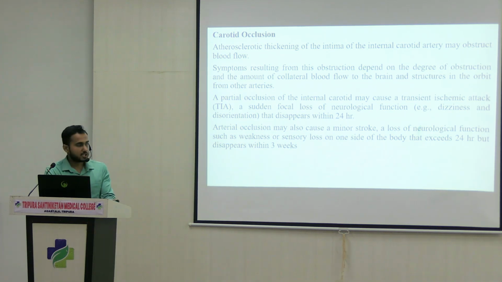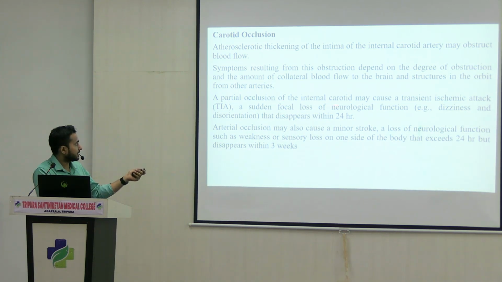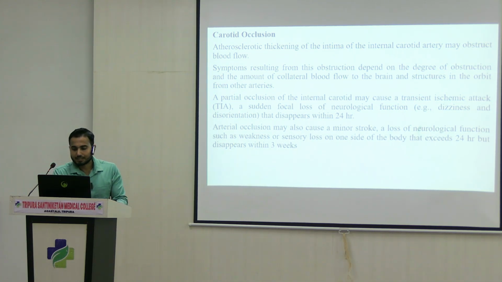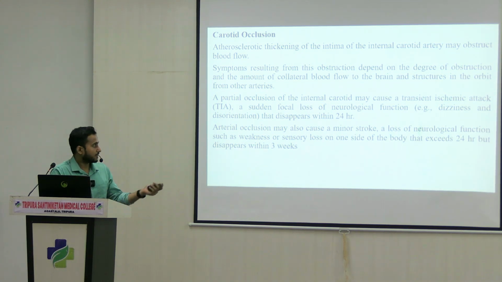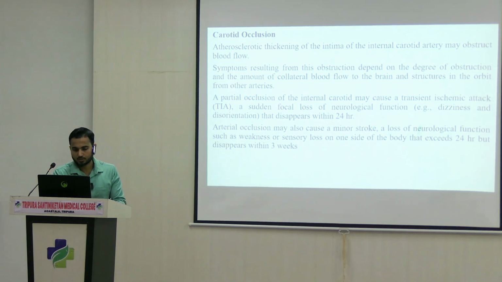Partial obstruction in the internal carotid artery causes a transient ischemic attack. At that time there will be sudden focal loss of neurological function. The patient may suffer from dizziness and disorientation, and it disappears within 24 hours.